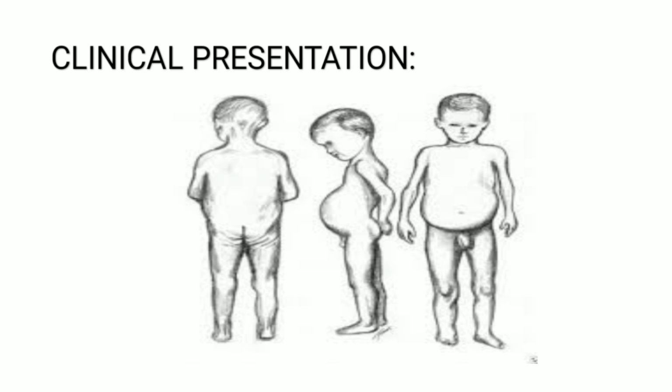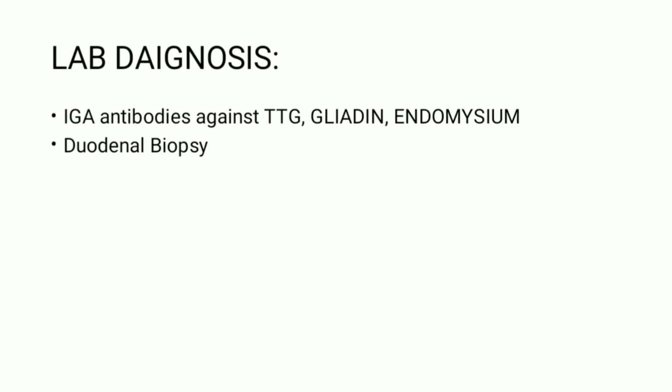Now after the clinical examination, you have to confirm the condition by means of tests. So you have to go for lab testing. Prescribe the patient IgA antibodies against TTG, gliadin and endomysium.